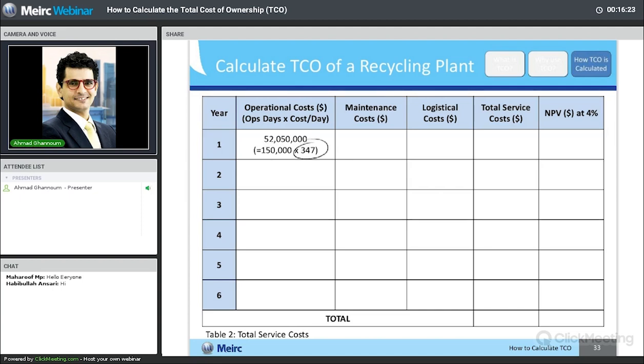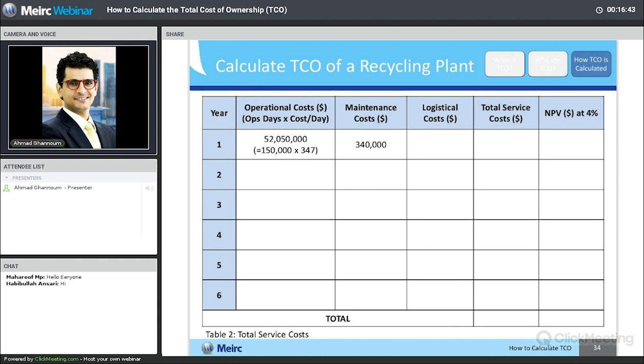So first of all, the 347 days from the previous table, these are 347 operating days times $150,000 per operating day. This is going to yield a total operating expense of $52,050,000 in year 1.